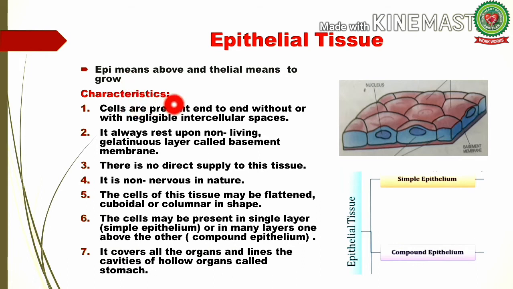So what are the characteristics of epithelial tissue? In epithelial tissue, cells are present end to end without or with negligible intercellular spaces. Here students, you can see cells are present end to end and have no intercellular space. Intercellular space, as we have discussed, is a space present between the cells.